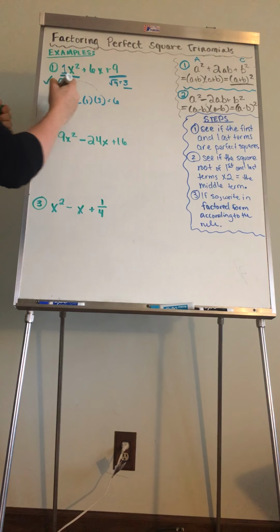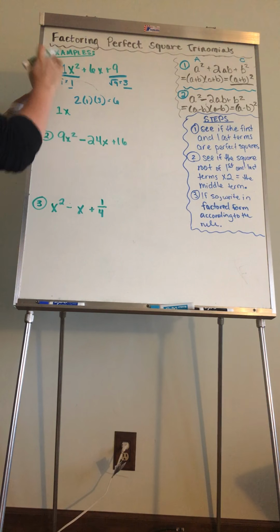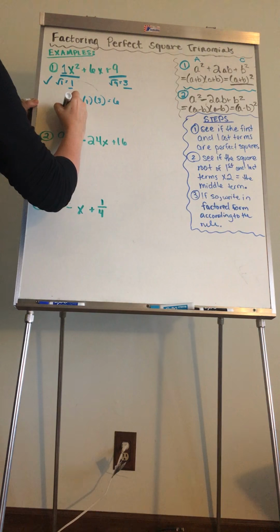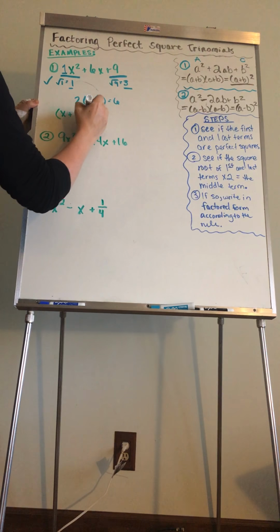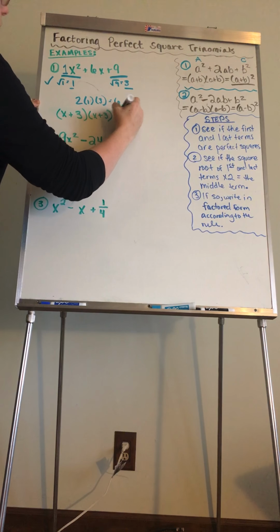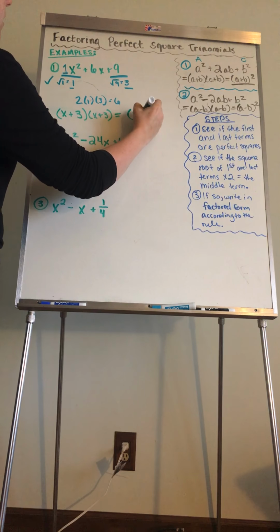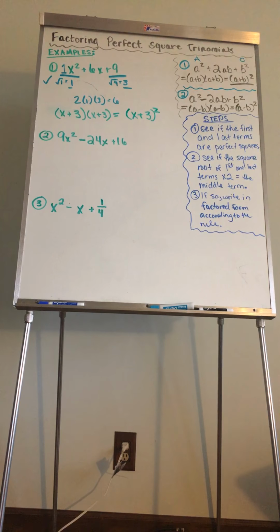I could write 1x, but I don't really need to do that, okay? I take this, and then say, so I have x plus 3, that's the square root, times x plus 3, or you will write it as this. The final answer will need to be x plus 3 squared, okay?